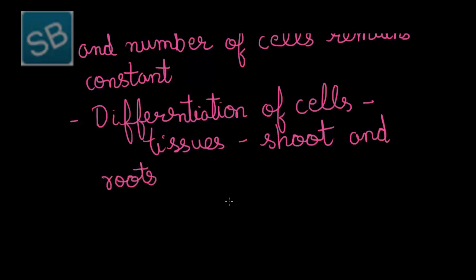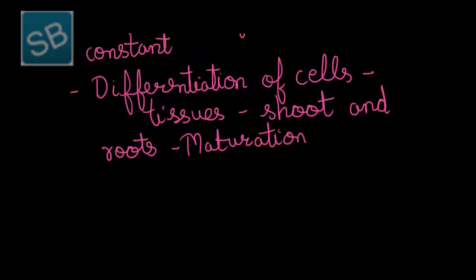As a result, the maturation of the shoots and roots occurs, and so it is known as the phase of cell differentiation or maturation. Since differentiation of tissues occurs through the cells, such a phase is also known as the phase of cell differentiation.